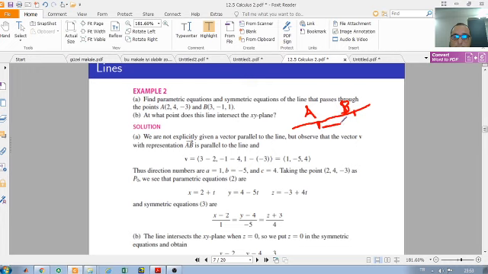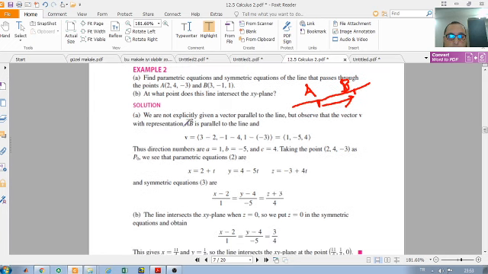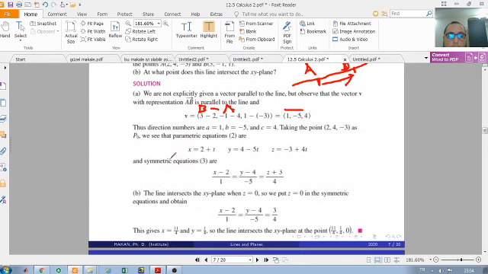By combining the points A and B, we get a vector in the same direction as the line, which is the direction vector V. Its components can be found by writing B minus A, namely 3 minus 2, minus 1 minus 4, 1 minus 3. So we have the components 1, minus 5, 4. Direction numbers 1, minus 5, 4.